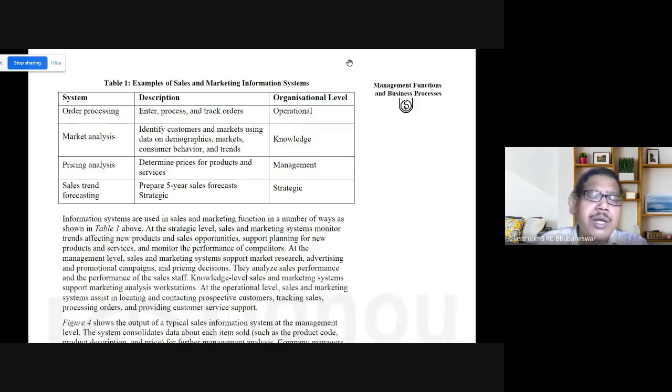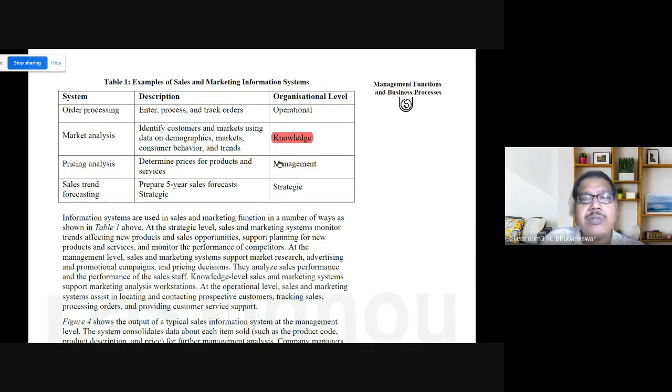This proper marketing information system must follow some particular levels. We have order processing, so that is the operational level, then we can go for market analysis. This is your middle level knowledge gathering. Then we can go for pricing analysis. It is also management, that means top level.